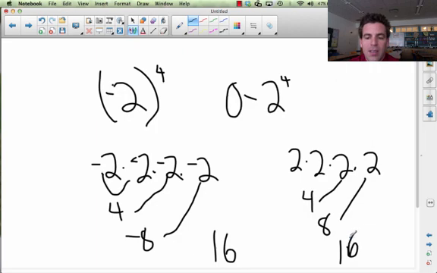Now, this says 0 minus that. So if I said 0 minus 16, what's 0 minus 16? It's negative 16. Negative 16 here is my answer. Negative 16 and positive 16 are different numbers. So right here we have negative 2 as the base, and over here it's just 2 as the base. Now I know that's a little tricky, and that's why we're going to practice a little bit more with that.